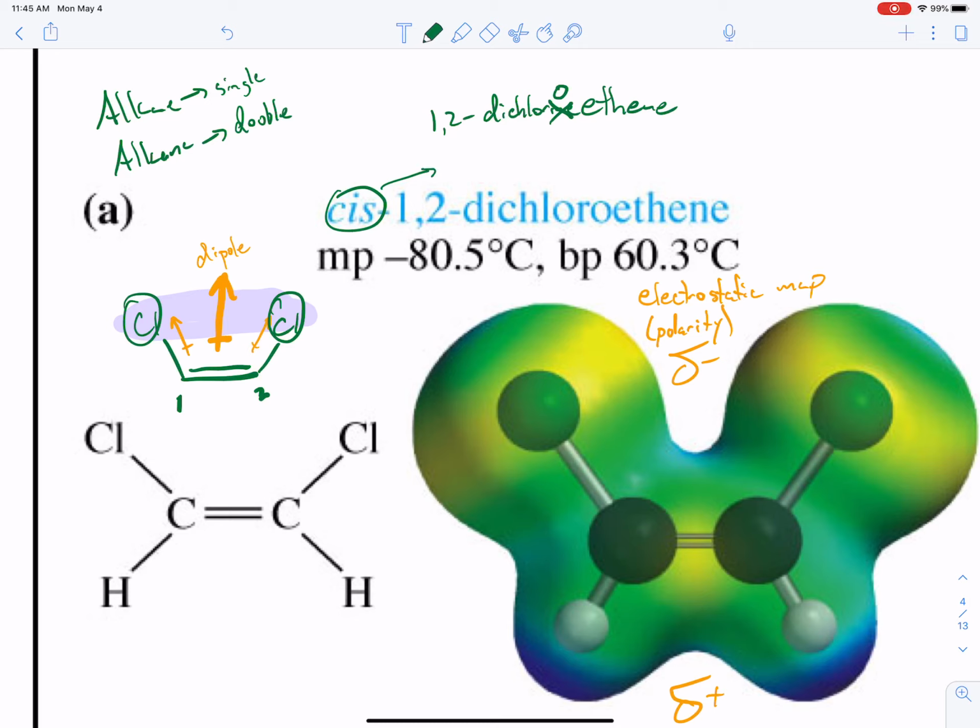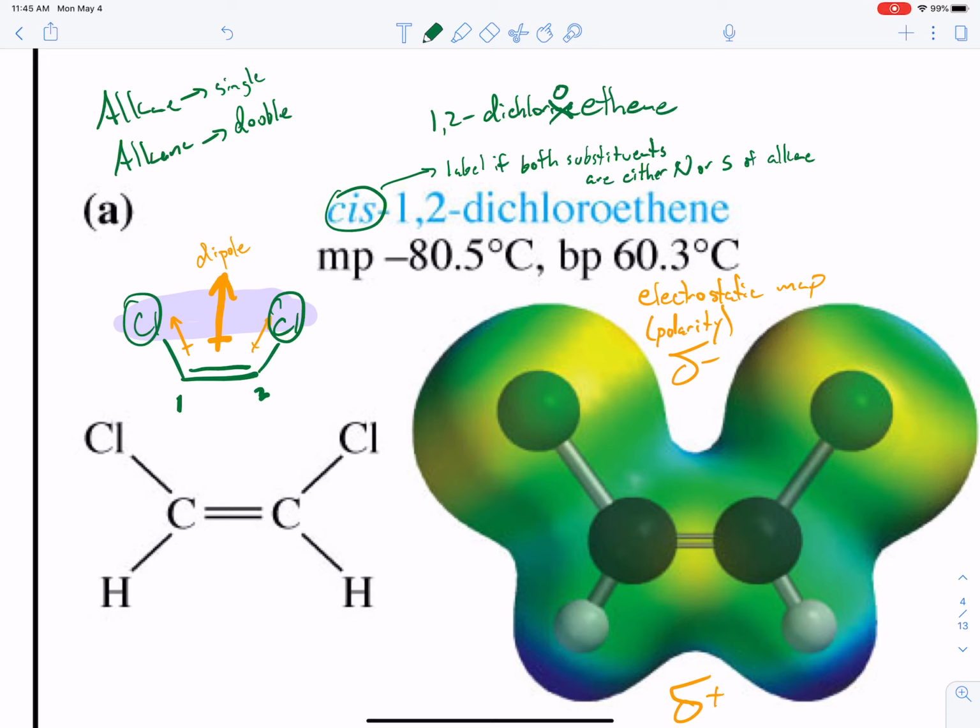It is saying this is the label if both substituents, I'm going to spell this out for you, substituents, that means the hanging off groups, if both substituents are either north or south of the alkene.